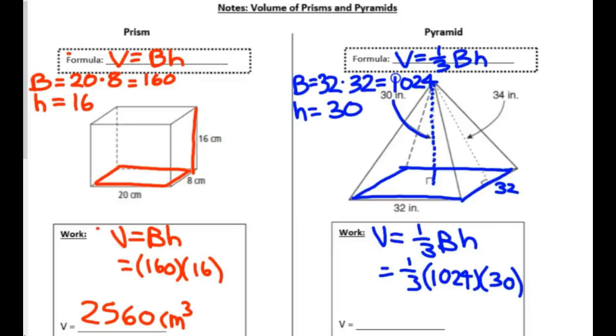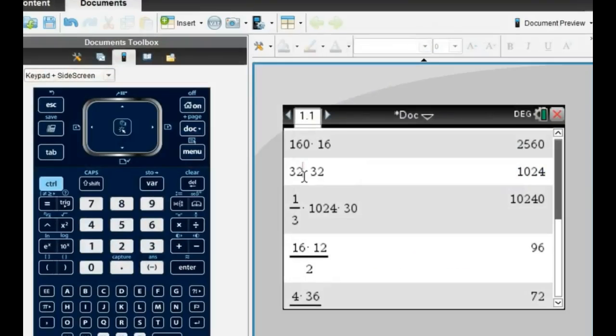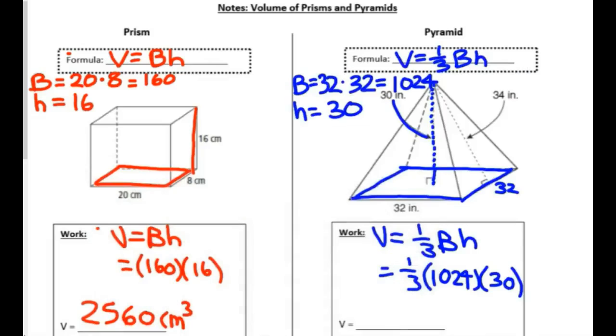And to the calculator we go. I type in 1 divided by 3 times 1,024 times 30. And that gives me 10,240. And then my units, inches cubed. Okay.